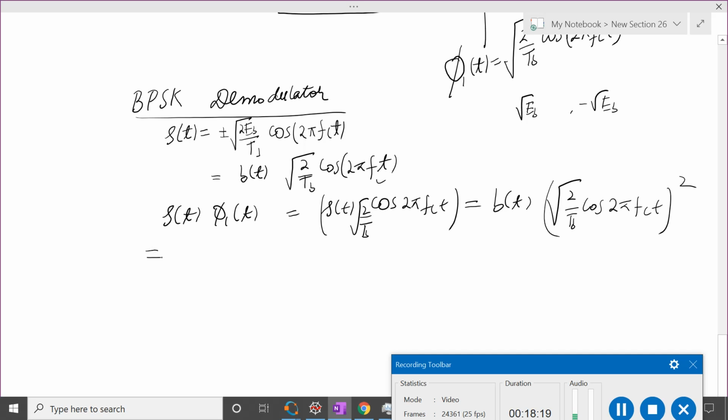So it becomes 2B of t by TB cos square 2 pi FCT.